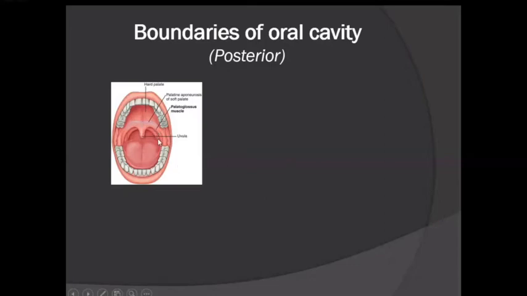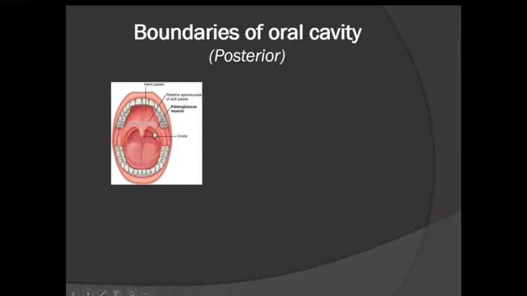There is a depression here, the palatine tonsil fossa or tonsillar fossa. You can see one anterior boundary and the other one is the posterior boundary. The anterior boundary or fold is made by the palatoglossal arch. And the posterior one, you can see another arch over here, that is known as the palatopharyngeal arch.